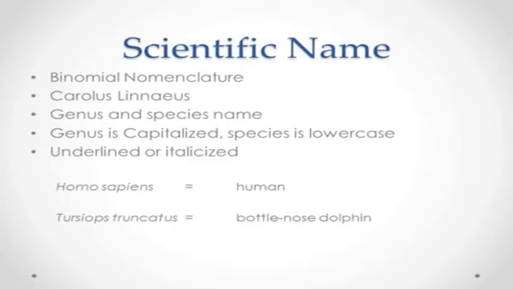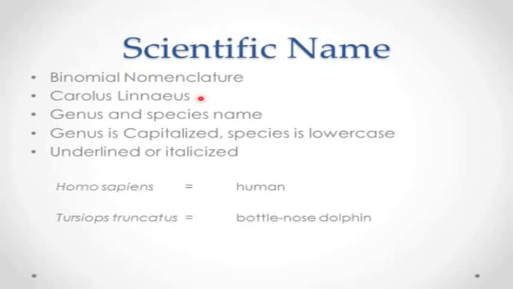And so we just said Ursus arctos was the scientific name for the grizzly bear. And what that means is there's a system for naming organisms called binomial nomenclature, and it was described by Carolus Linnaeus. That's the scientist's name.